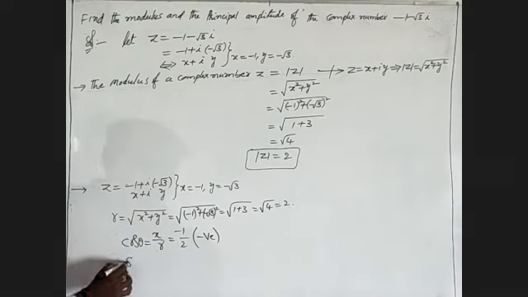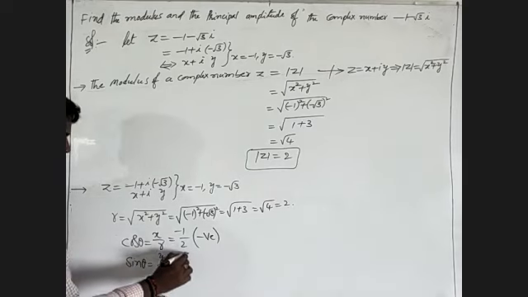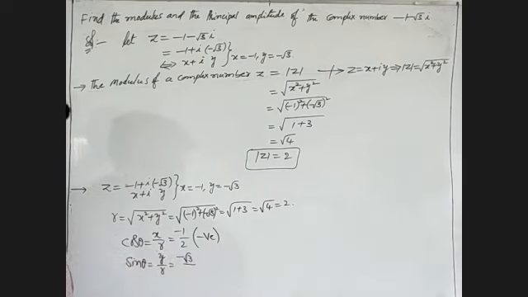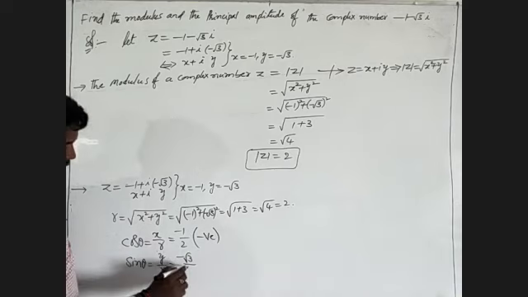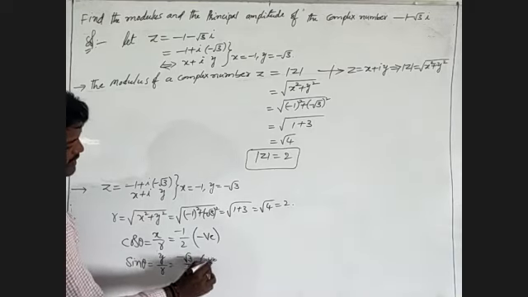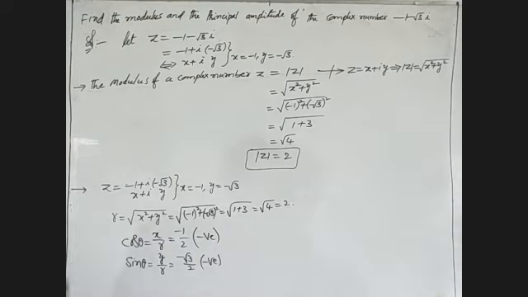Then sin theta is y by r, where y is minus root 3 and r is 2. Here cos theta and sin theta both are negative.